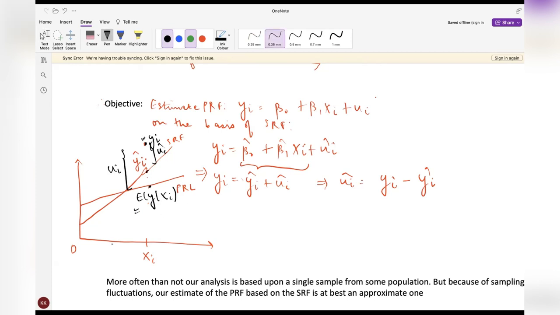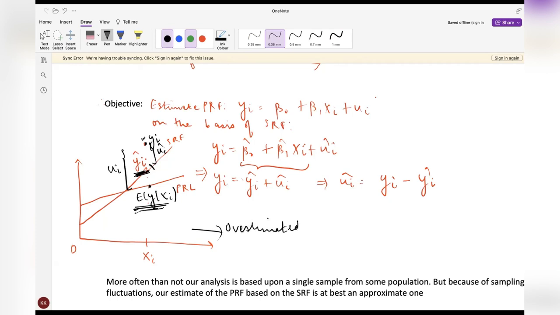And what we can conclude from this figure is that our yi hat is an estimator of the expected value of y given xi. Because this yi hat is lying above the expected value of y given xi, it has overestimated.